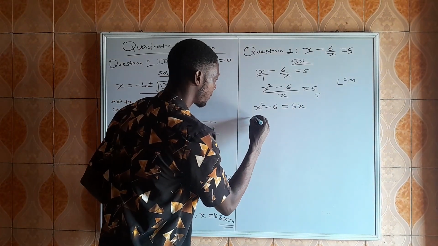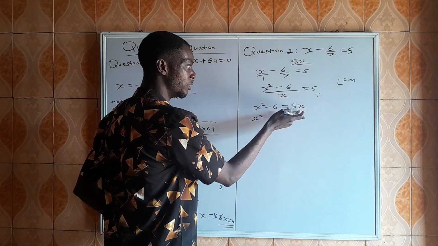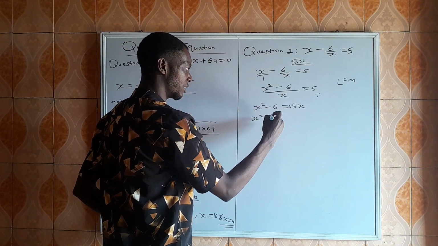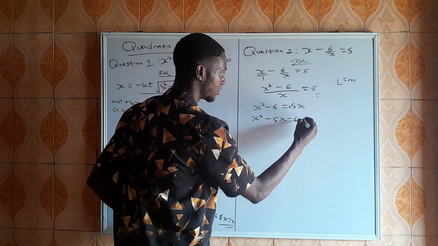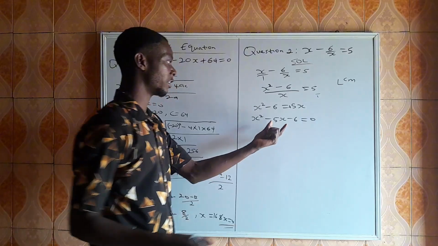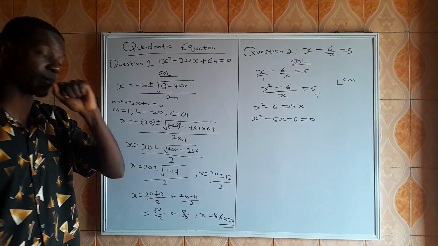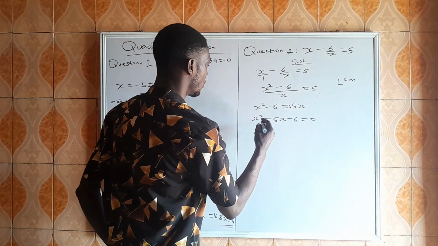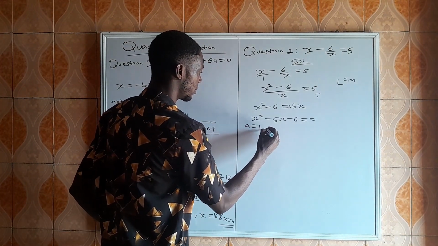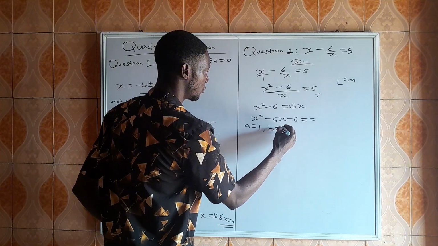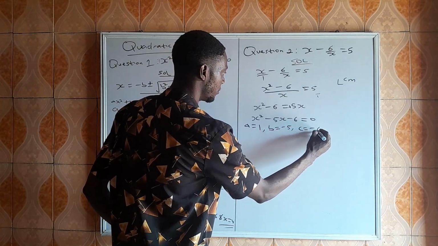So it becomes s squared minus 5s minus 6 equals 0. Now this expression looks like the general form, then we can solve this with the formula method. So from here, our a value will be 1, the b value will be minus 5, and the constant value, which is c, will be minus 6.